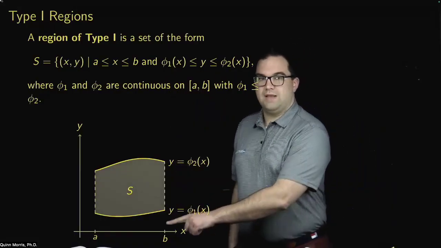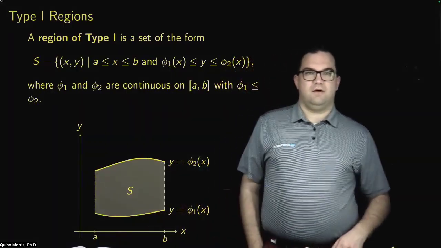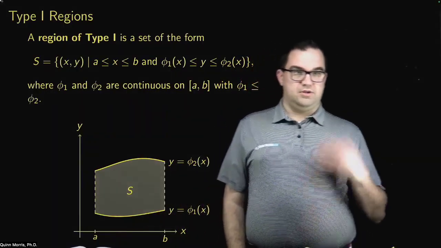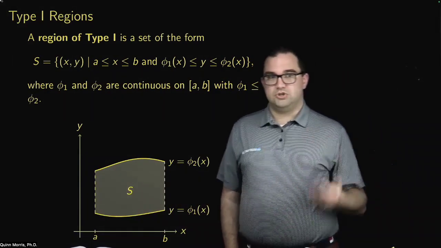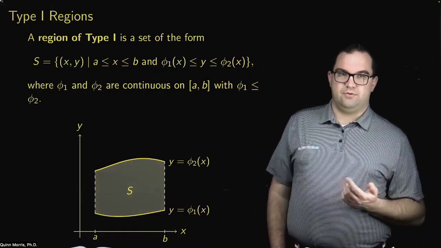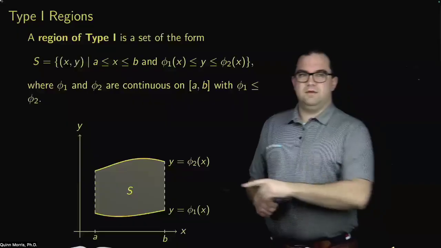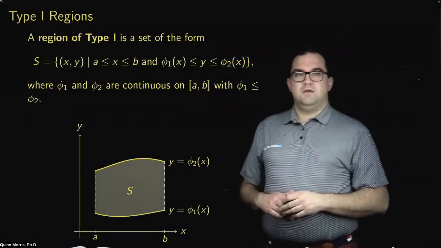My y value ranges from phi1 of x on the bottom to phi2 of x on the top, where I'm assuming phi1 and phi2 are continuous functions on [a, b] with phi1 less than or equal to phi2. So these aren't weirdly overlapping. This just gives you a nice region in the plane.